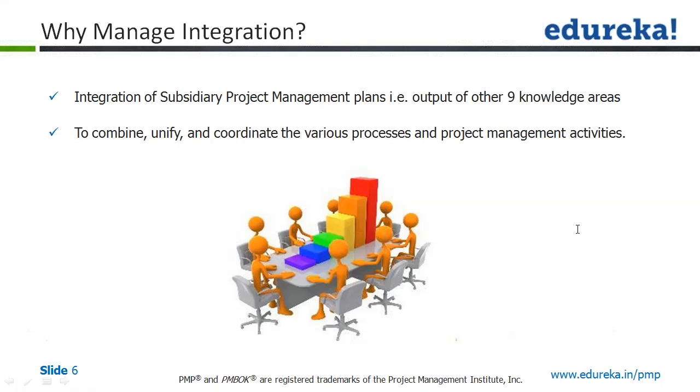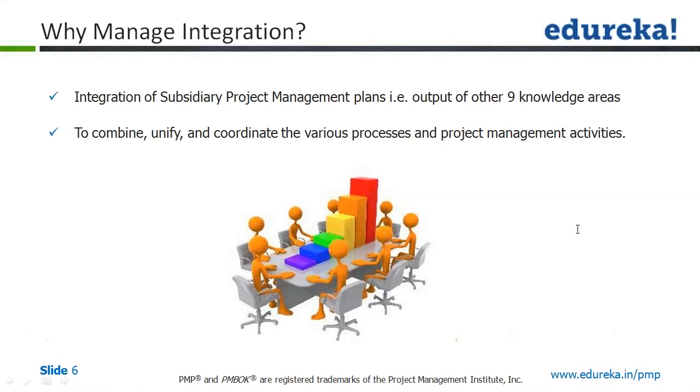There is another reason we wanted to give it a name. Going forward, in each of those chapters, a subsidiary management plan could be an input or an output to various processes. So instead of naming the 9 management plans separately, a single name is given, which is subsidiary project management plan.